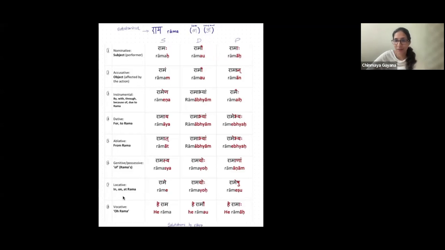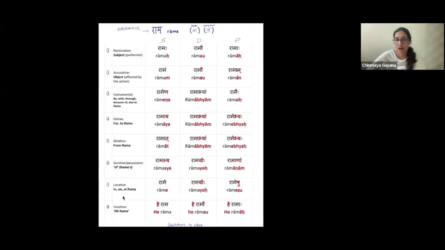Ramaha, Ramau, Ramaha. Ramam, Ramau, Raman. Ramena, Ramabhyam, Ramehi. Ramaya, Ramabhyam, Ramebhyah.